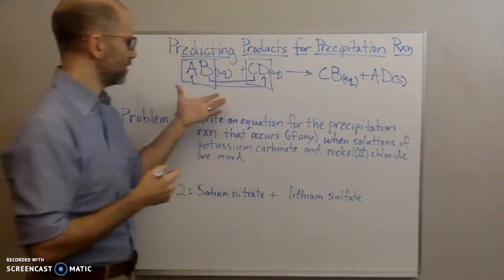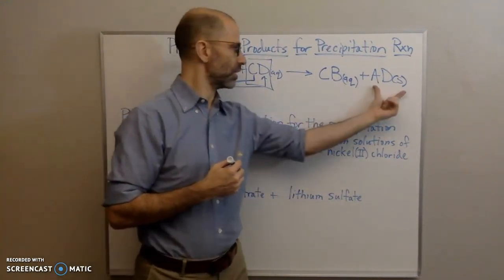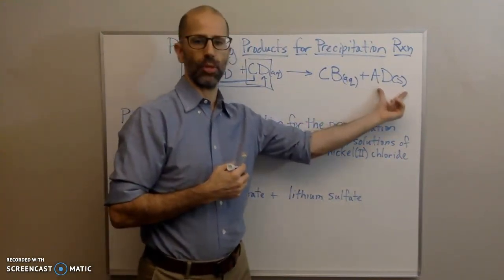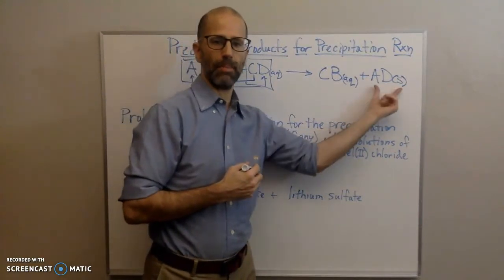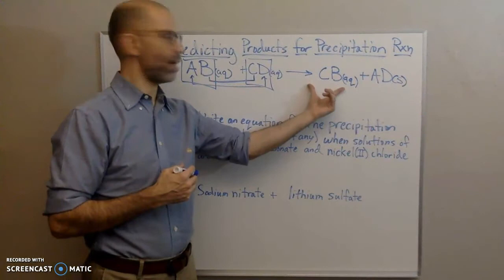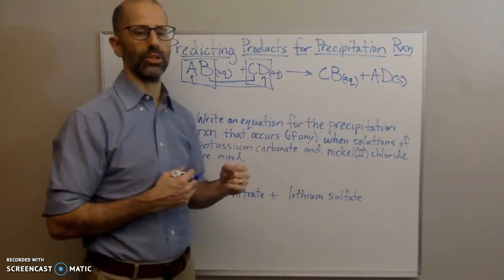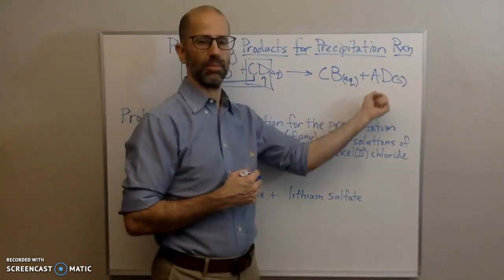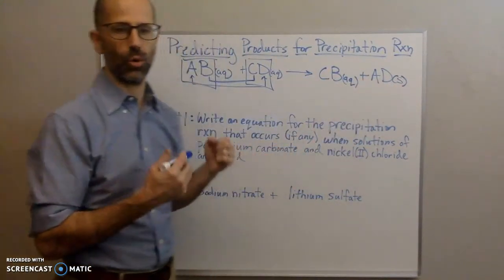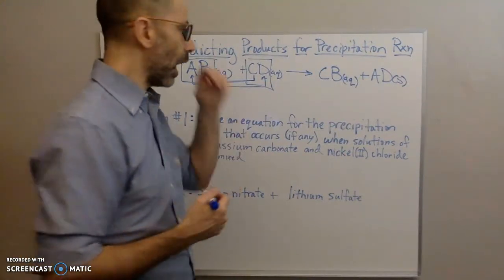And so if this is the case, then the one product that I form is AD because I formed a precipitate. So that is my product. And everything else is just floating around in solution. So I have my C and B floating around in solution while my A and D come together to form a solid. And so that would be an example of a precipitation reaction.